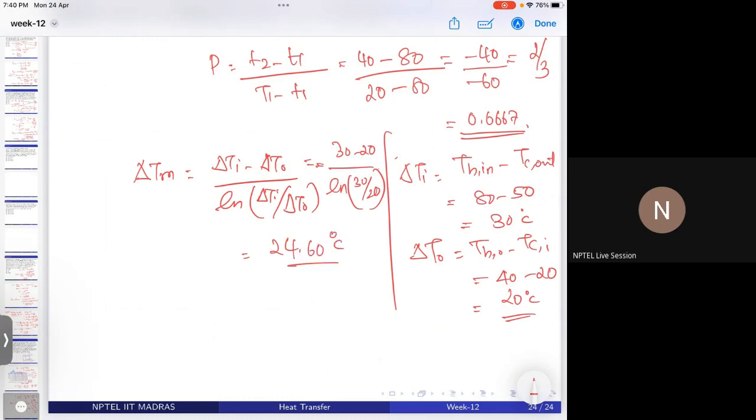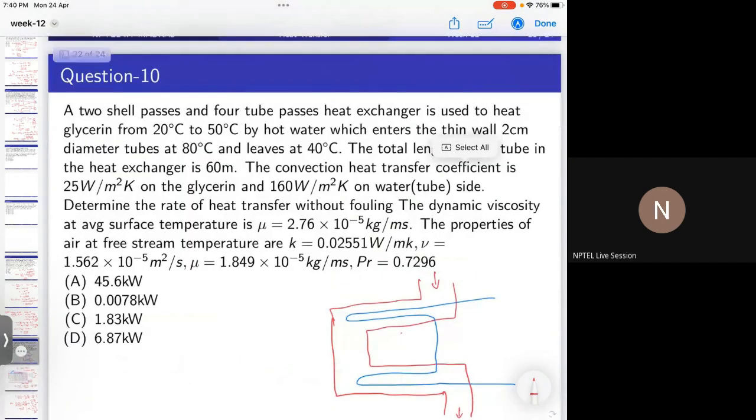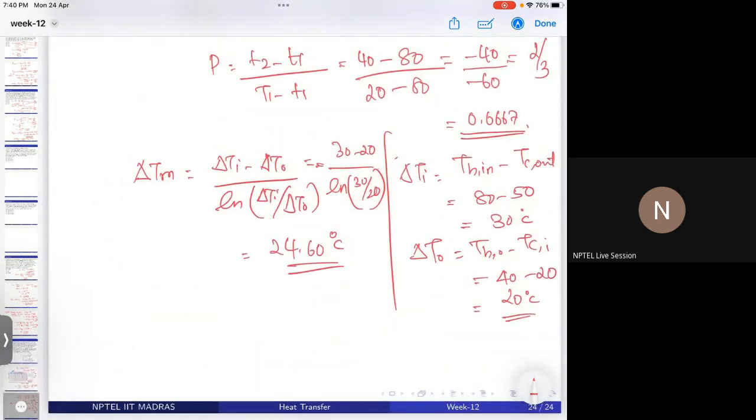24.60 degrees Celsius. So now there is no fouling, and as it's asked to take a thin wall tube, there is no need of considering the conduction resistance. Now you can just take the inverse, that is 1 by U is equal to 1 by hi plus 1 by ho.